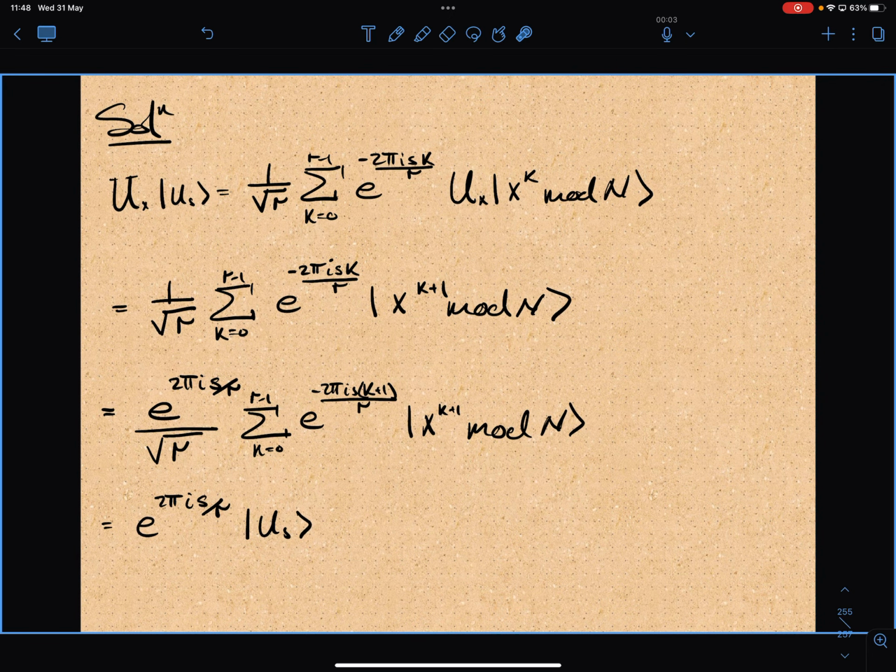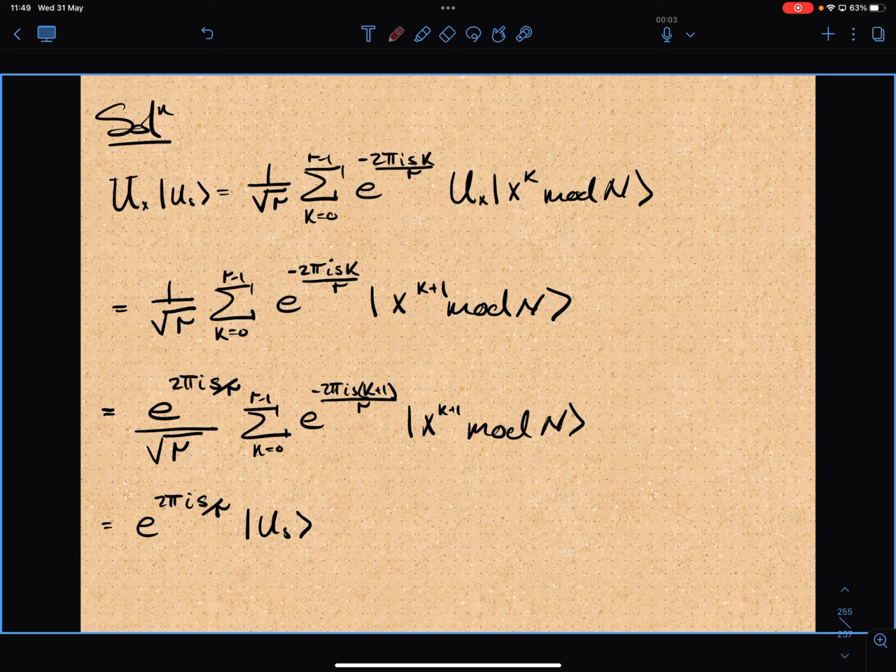So here are the details. I just applied UX. In here, by linearity, I can bring the UX inside, and applying UX is just multiplication by X. So this is x^(k+1).